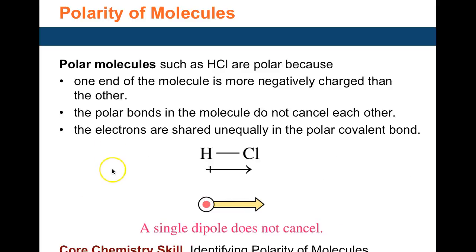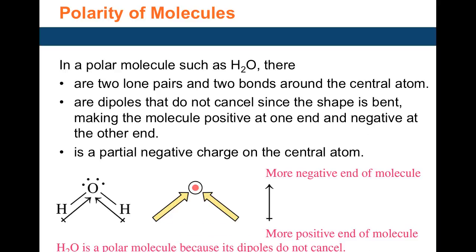Now, if you have an asymmetrical molecule with a polar bond, like in HCl, there is nothing to cancel it out. There's a single dipole, nothing to cancel it, and therefore HCl, HBr, HF, they would be polar. Now, a molecule like water, again, is asymmetrical. If you look at the dipoles, hydrogen has an electronegativity value of 2.1, and oxygen is 3.5.